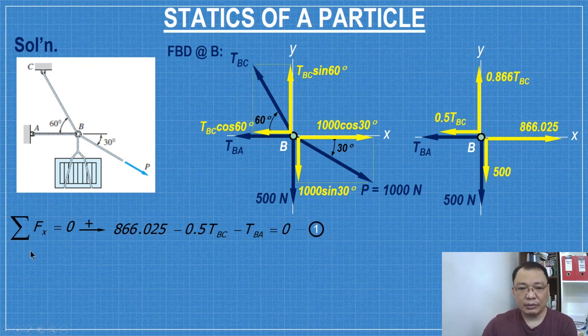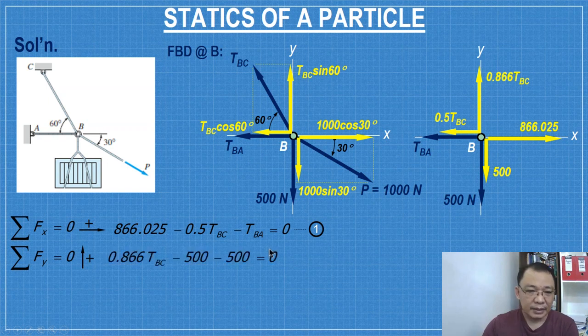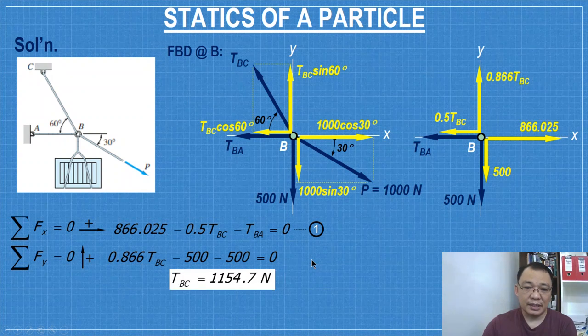And equation 2, the second condition, is summation of force in y equal to 0. And again, we have three forces. This one upward is positive, negative, and this one. And from here, you can solve for TBC, 1154.7.